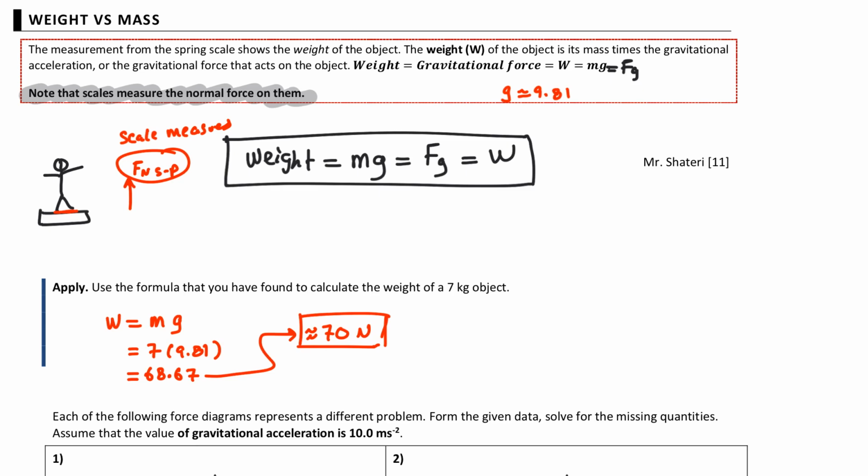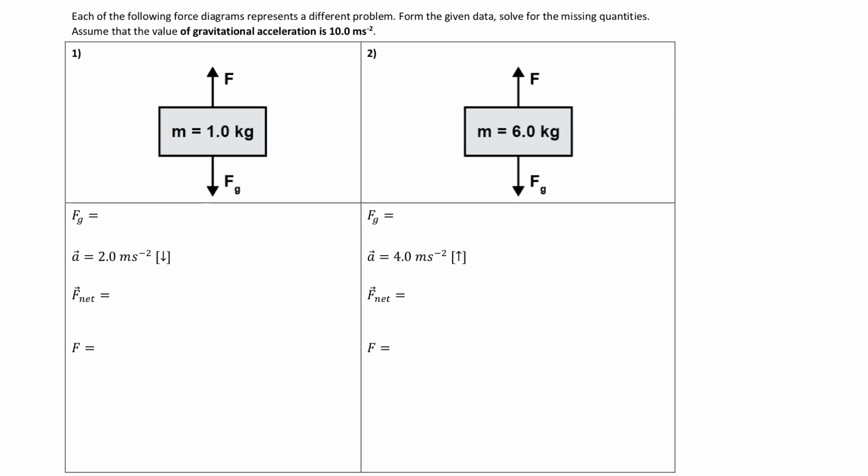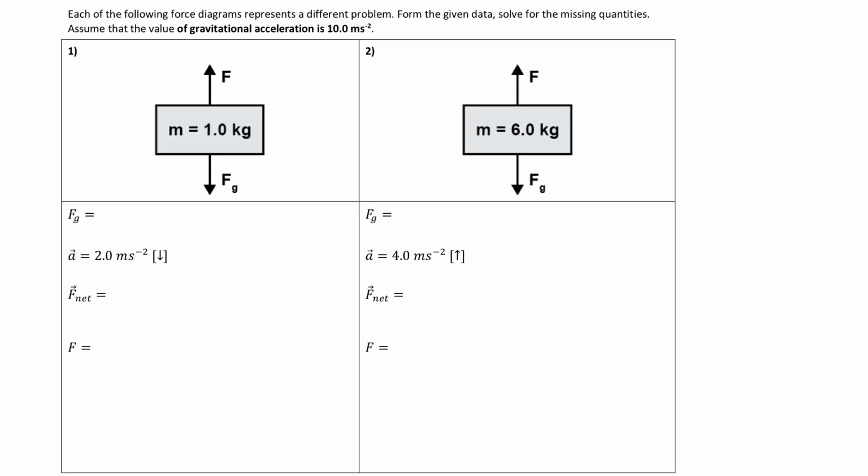Okay, let's do another set of examples just to get a much better idea about weight. Each of the following force diagrams represents different problems. From the given data, solve the missing quantities and assume that the value of gravitational acceleration here is 10. So we're going to simplify the calculations a little bit.